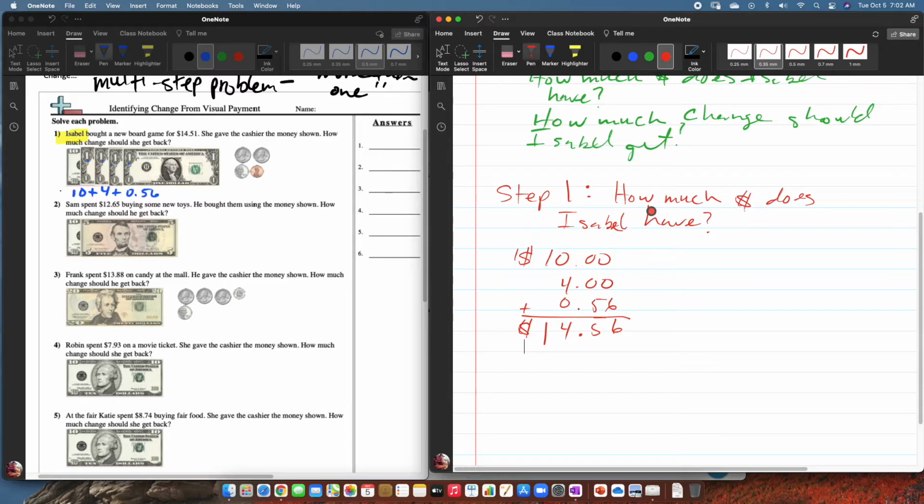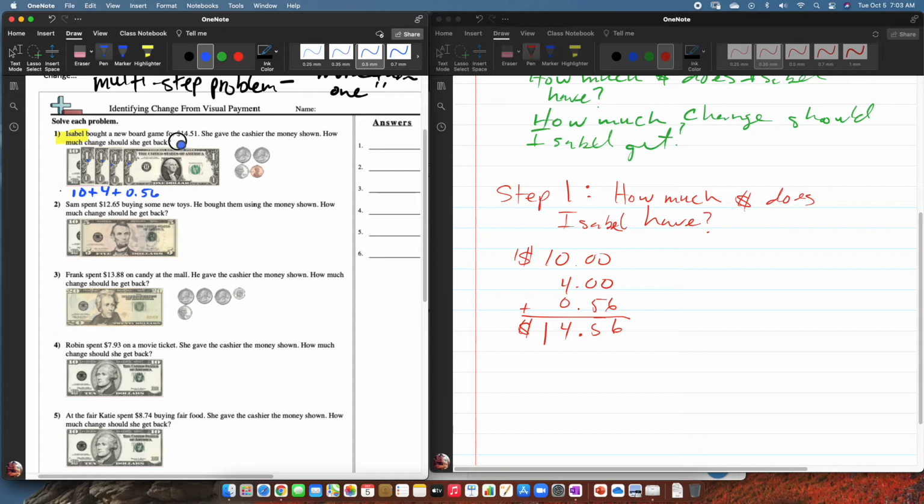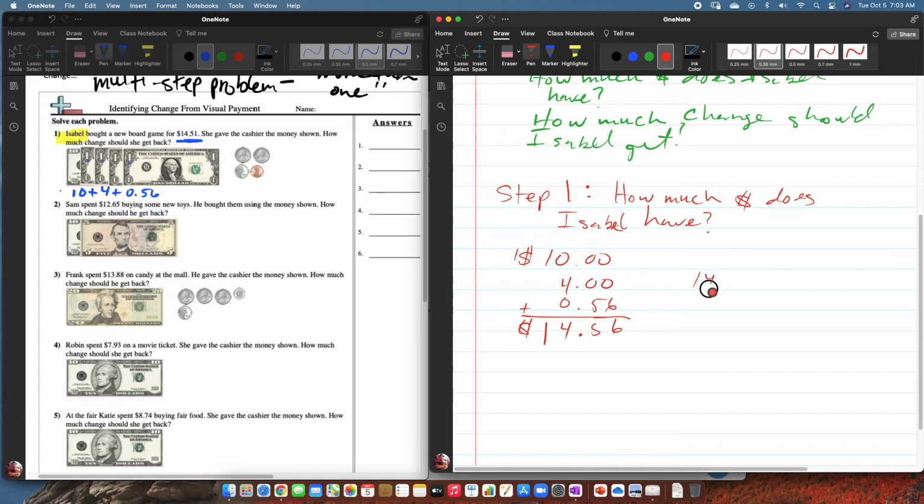Now, when we look at the story, it shows us that the board game costs $14.51. So we know that $14.56 is greater than the amount of the actual board game, by about 5 cents.